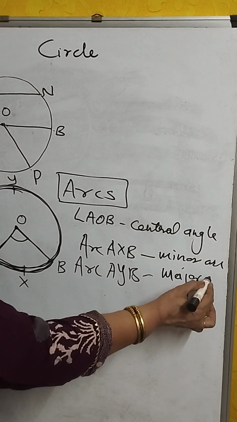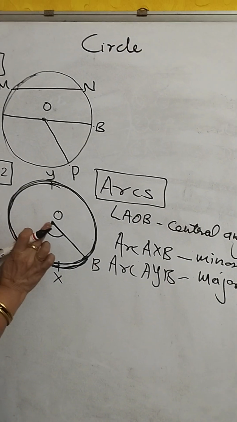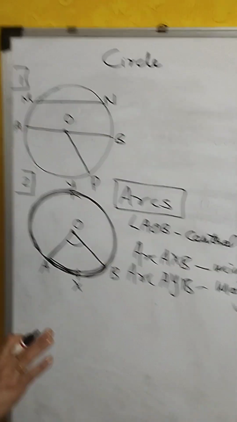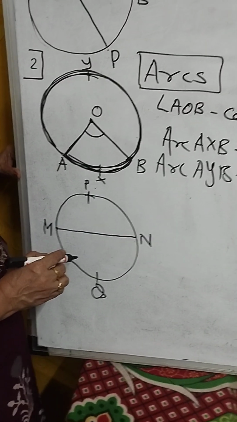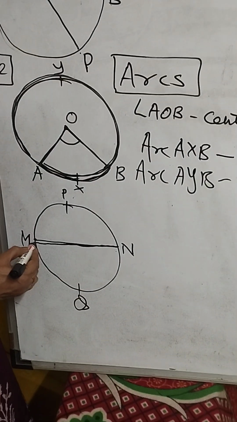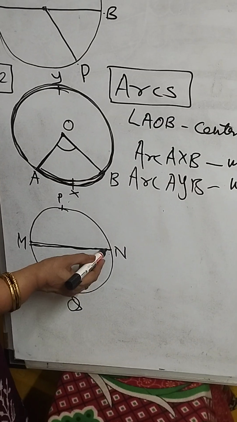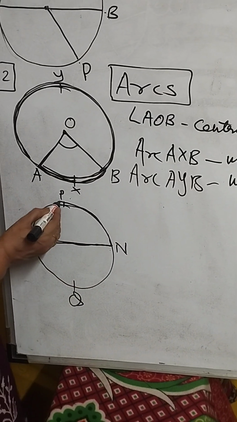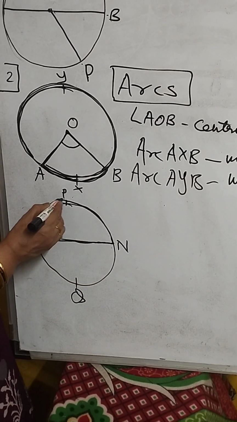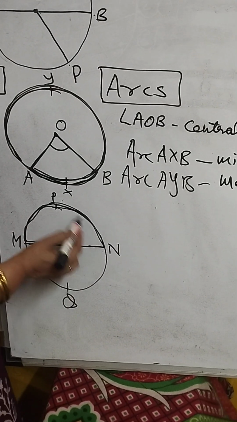You understood this? Now, in the same way, if we draw a diameter, then the diameter makes two equal parts of the circle, and these are arcs.